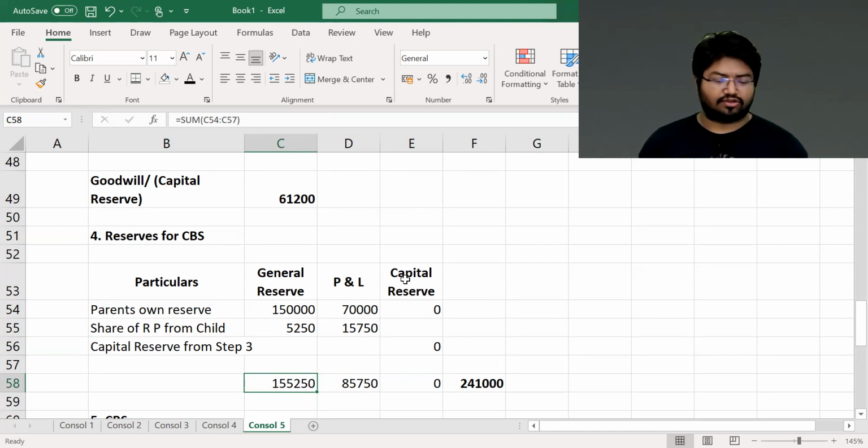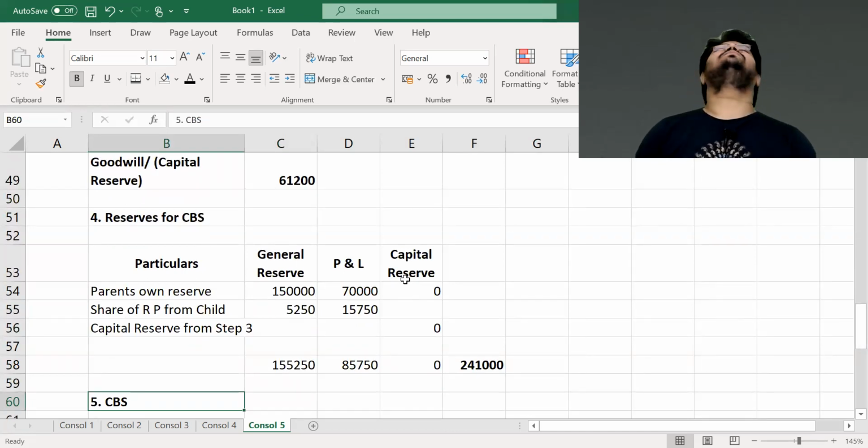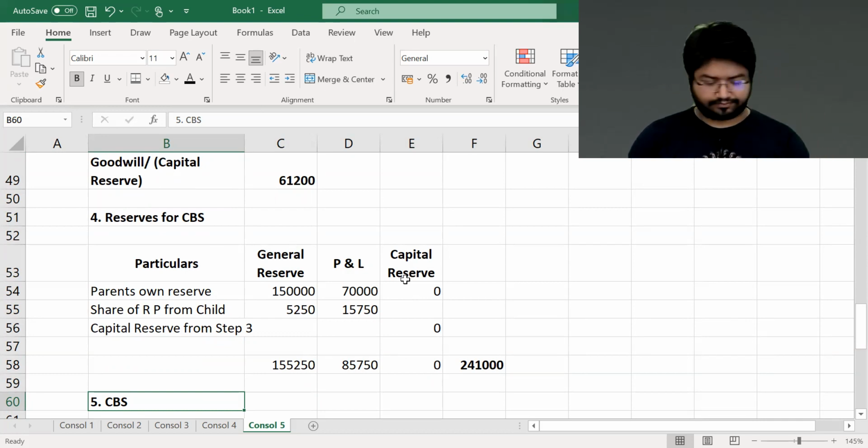So total comes to 2,41,000. If you are done with step 4, we'll move to step 5.